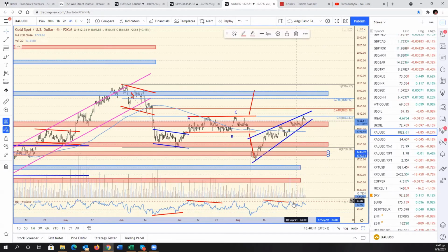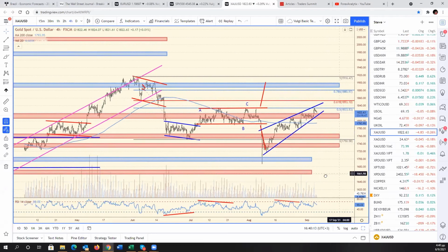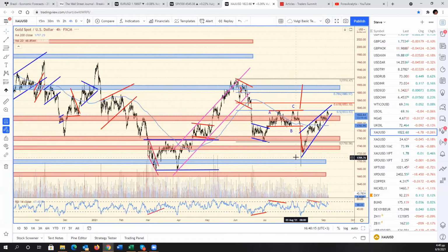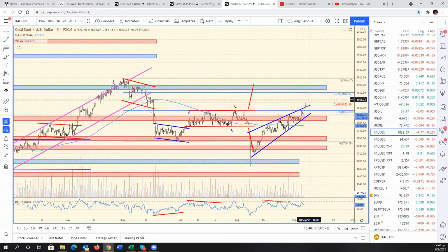It's this one. 1833, right? You can see it very, very clearly. We have found a high 3 times there already during the past, in essence, 3 weeks, right? And it's a 50% fib as well.